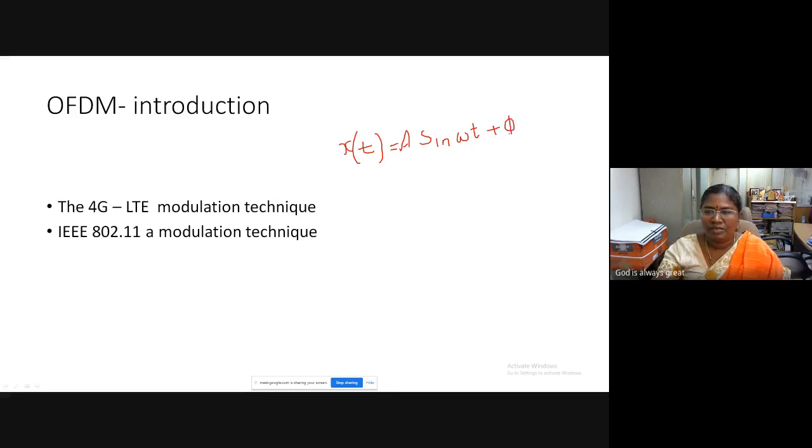Phi is your phase. So if you want to communicate any signal, you need amplitude, right? Then what do you need? You need frequency. Then what do you need? You need time.